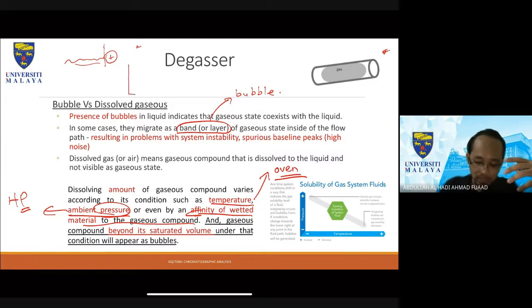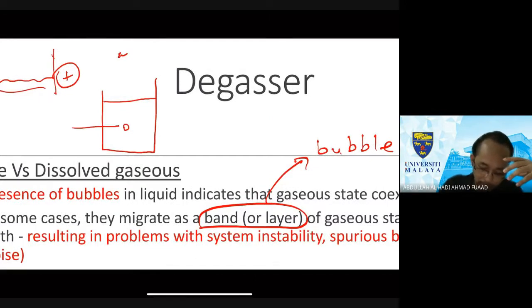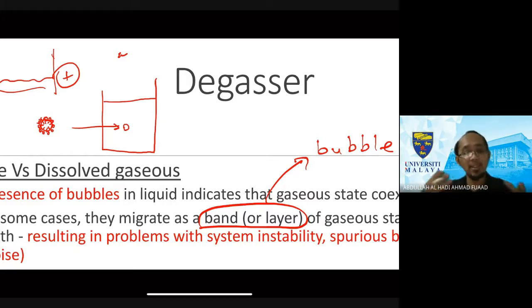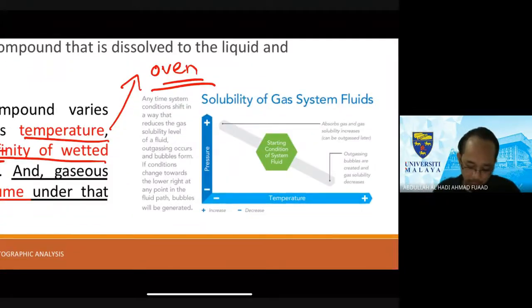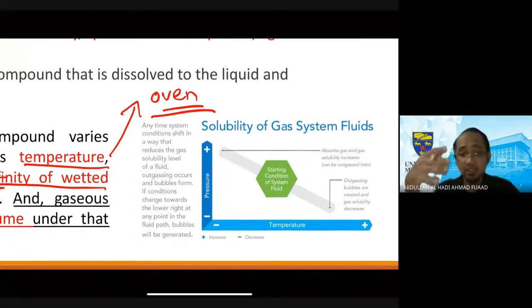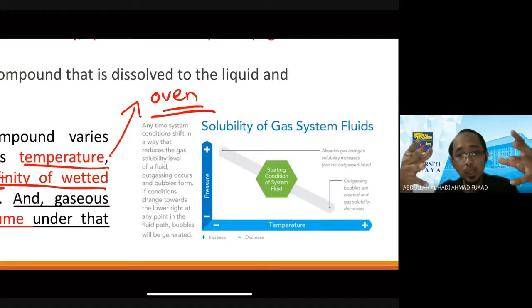So imagine this is your solvent, and you form a bubble in there. If you zoom into that bubble, you might have lipid tails forming a micelle structure. And if you have something like this going through your column, then the separation will be affected.